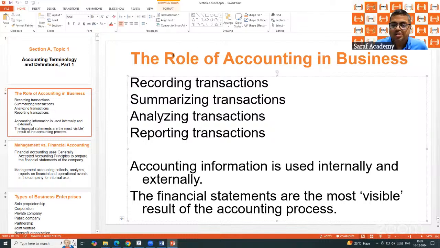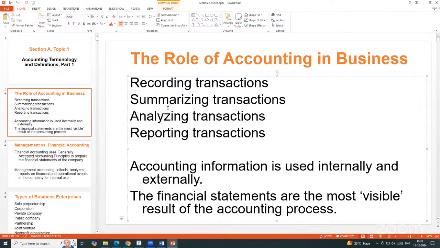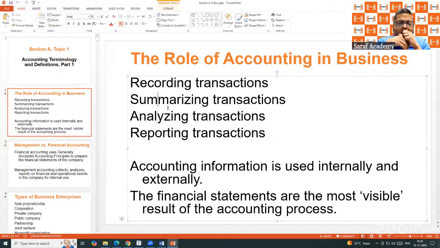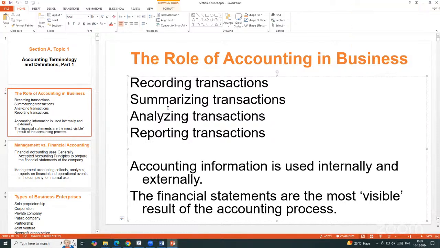Satyam ji, can you explain all the four with an example? Yes, sir. Recording of transactions means the things we are purchasing or selling, in operating activities or anything else. Summarizing the transactions means the total amount we have purchased or sold, whether purchase is more or sale is more.